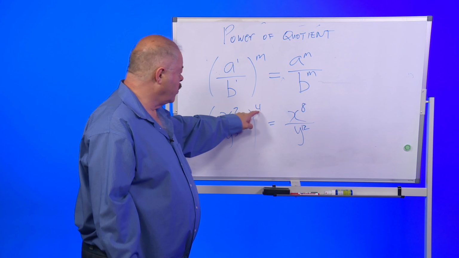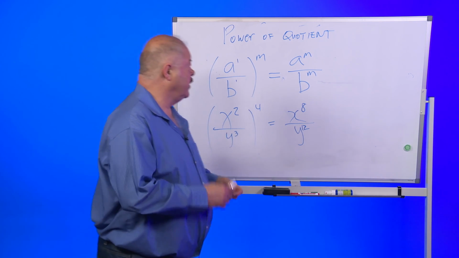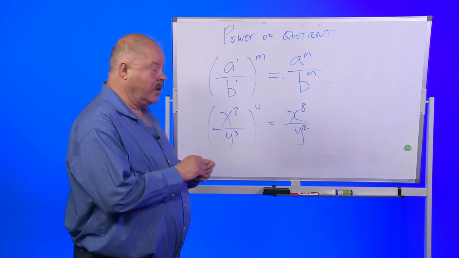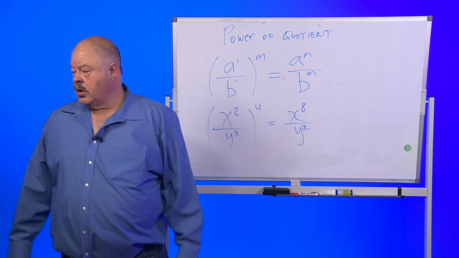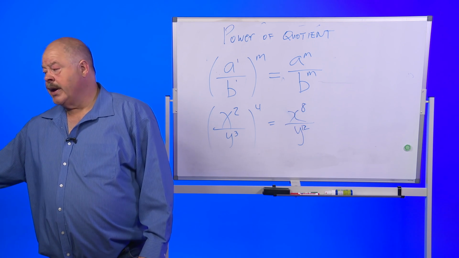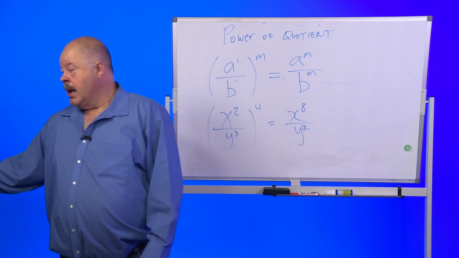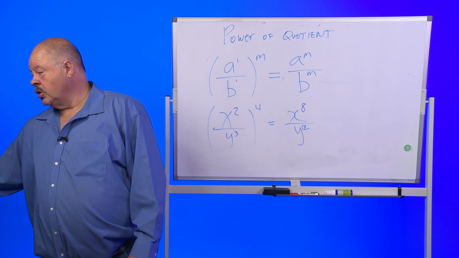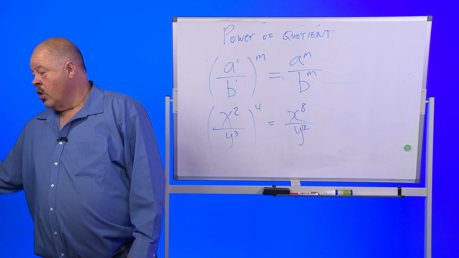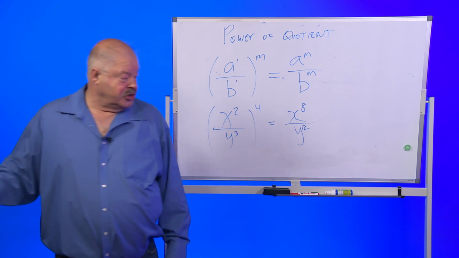So 2 times 4 for the numerator, 3 times 4 for the denominator. That's the power of the quotient. We will look at what happens when we raise a base to the power 0, and we'll also look at some negative components, which will be in just a second.